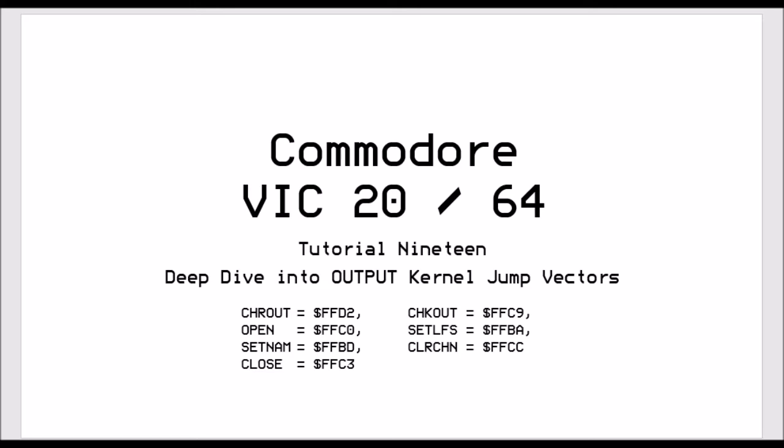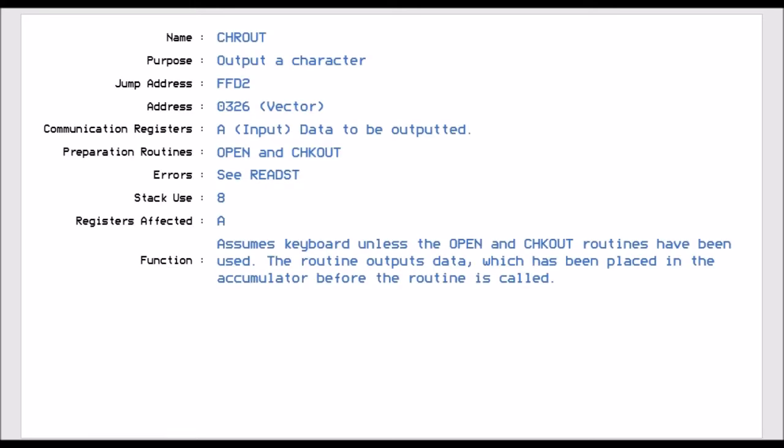So just as a reminder, the character out is using jump vector FFD2, and this outputs a character from the accumulator to the channel that we've activated, and the preparation routines are normally open and character out.